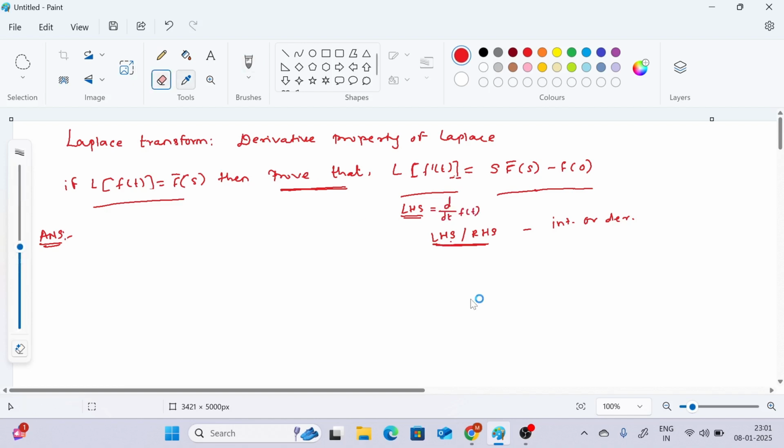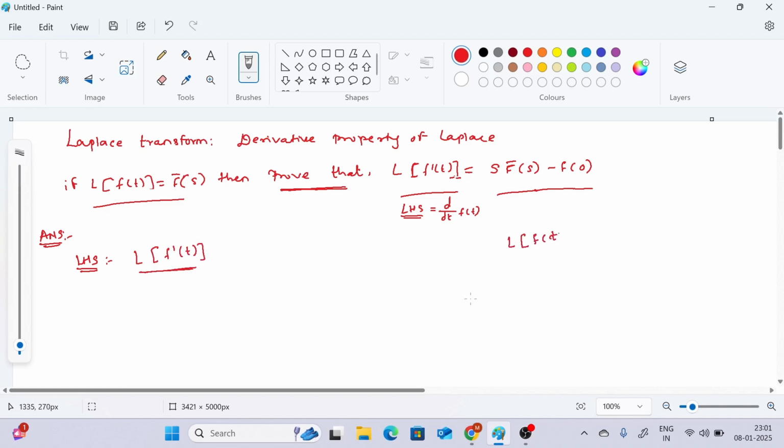So we are going to prove this now. So left hand side, what is left hand side? Laplace of f dash of t, right? Now in first session only we discussed what is the Laplace equation.